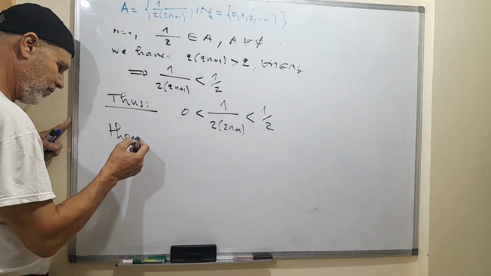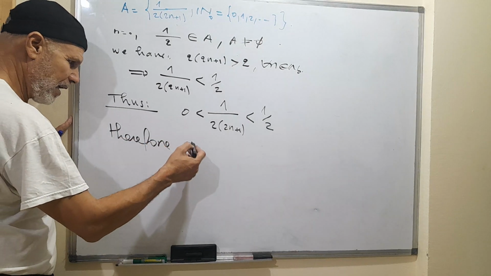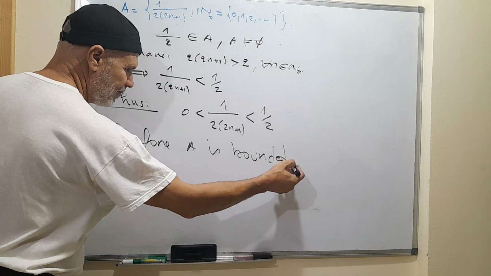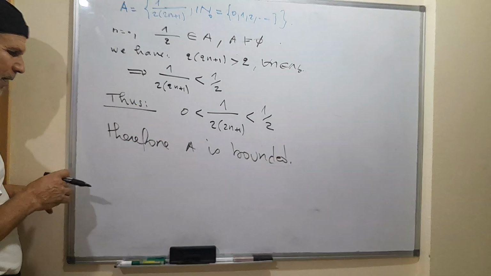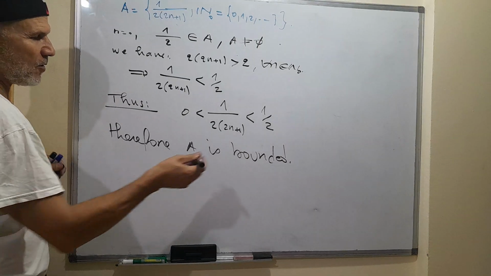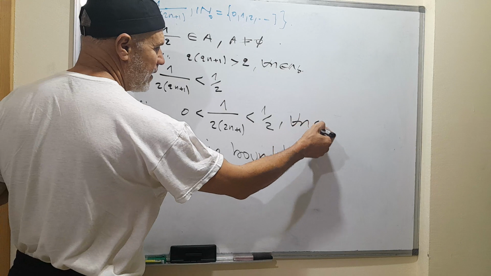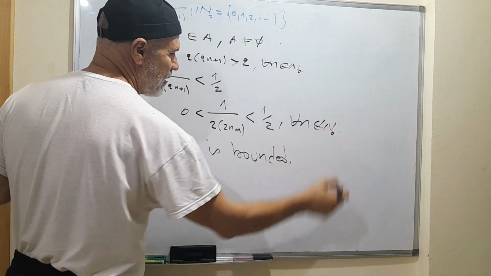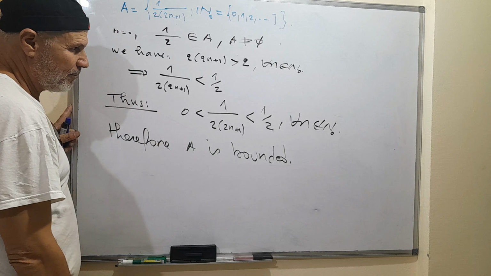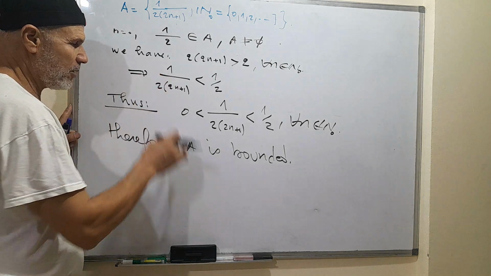Therefore, A is bounded. Why? Because for every n in the natural numbers, we have these bounds, simple logic.